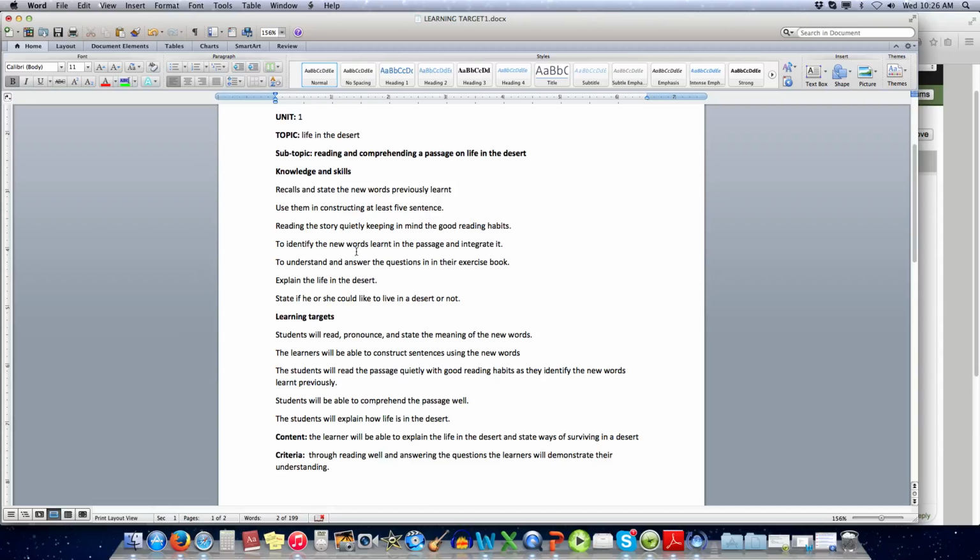And then I see students will read the passage as they identify the new words learned previously. How are they going to do that? Identify those new words learned previously. You have to think about what you're going to have them do in order to identify that. That would be something separate if you want to keep it. Now, the next one: students will be able to comprehend the passage well.